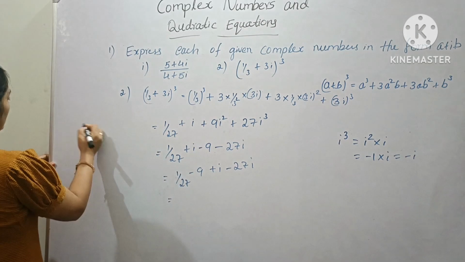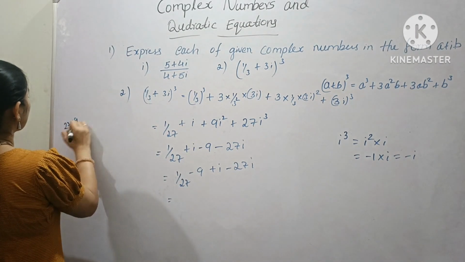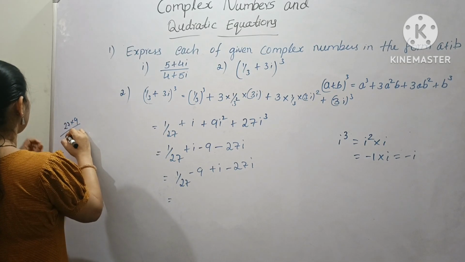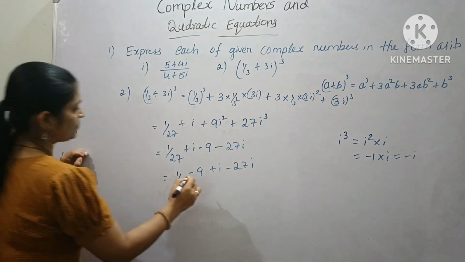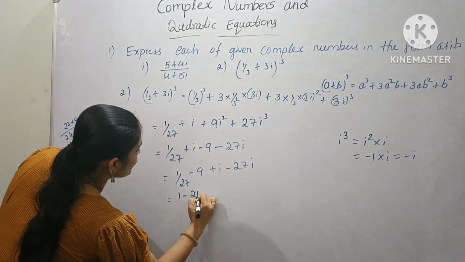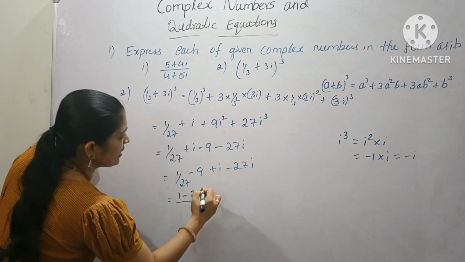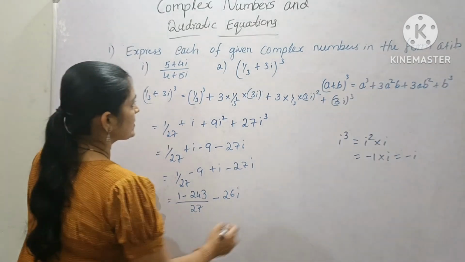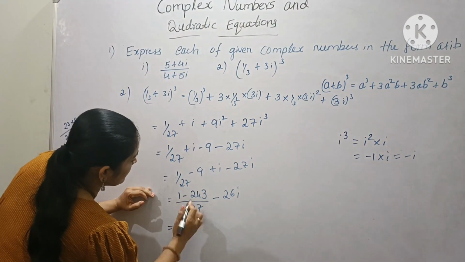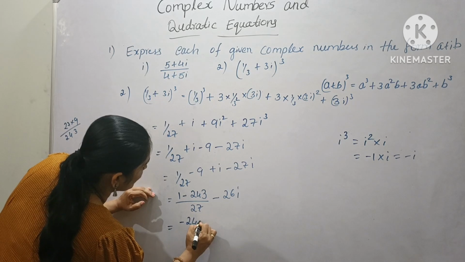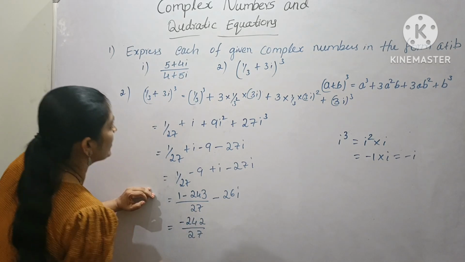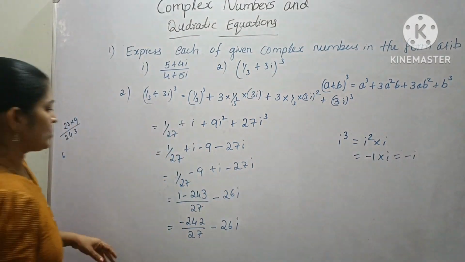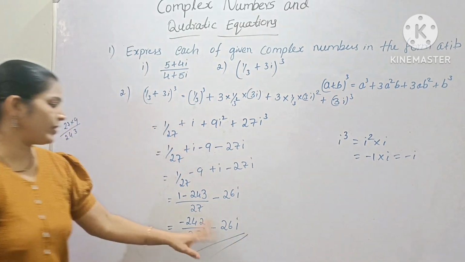Simplify this one, taking LCM, 27 into 9, here 1 minus 243 divided by 27, minus 26i. That is, 1 minus 243 is −242 divided by 27, minus 26i. So here it is the given complex number.